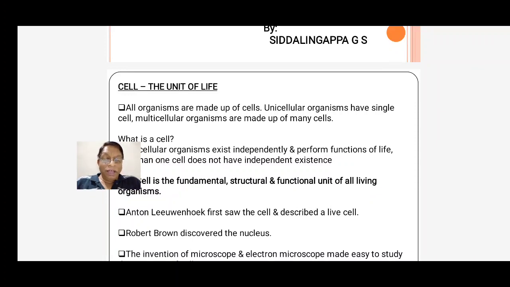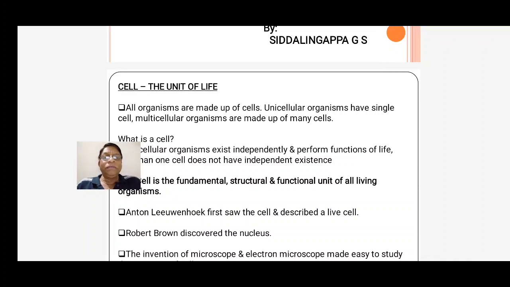That is, some organisms are made up of a single cell, and these are called unicellular organisms. Whereas the other organisms made up of many cells are called multicellular organisms.